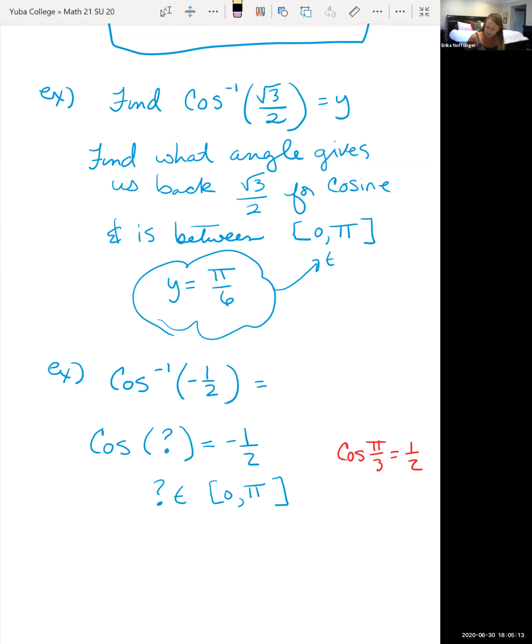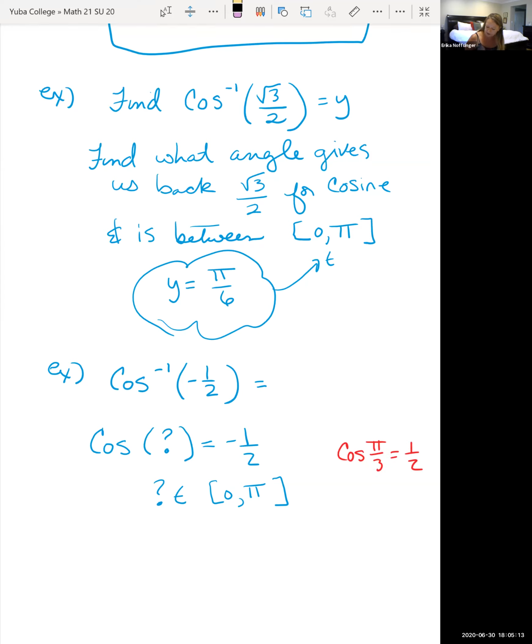So I know that my angle has to be the angle in quadrant 2 to make cosine negative. So we can get that value, right?